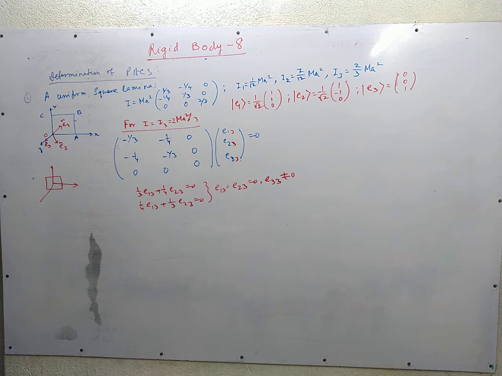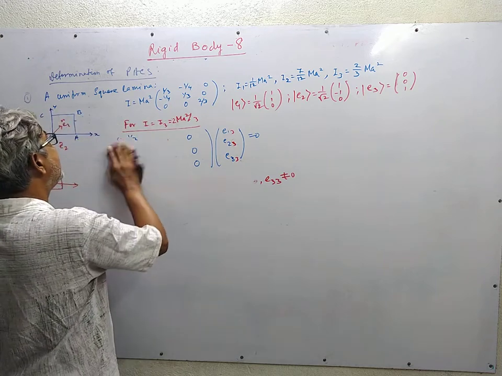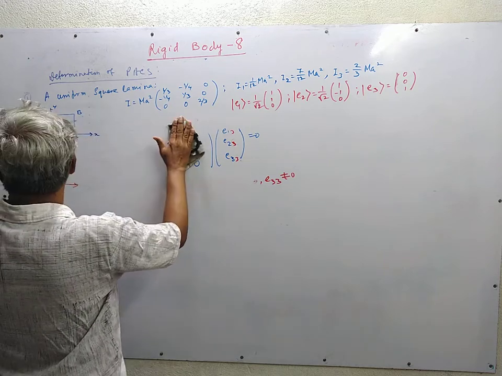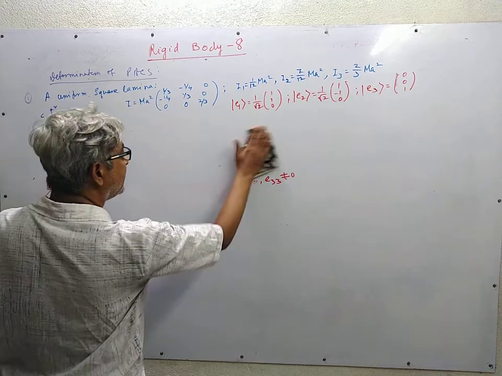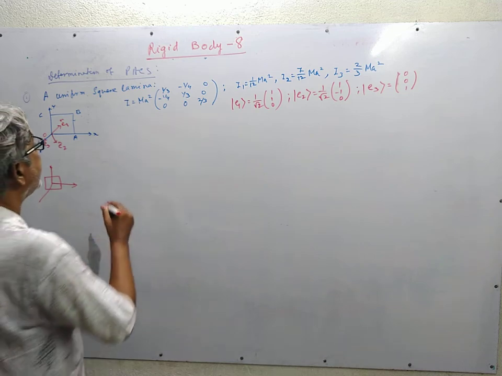Another way of getting it is this: if we know the moment of inertia in any coordinate system, as for example this S coordinate system, then we can get the projection, or moment of inertia, about an axis having direction n cap.